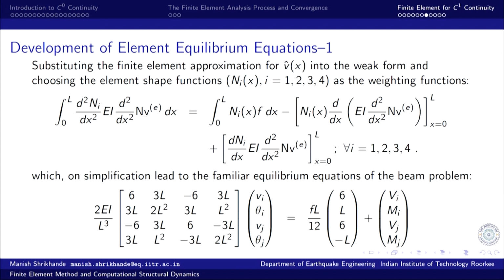This is 12 E I by L cube, 6 E I by L square terms, and this is minus 12 E I by L cube, and this is 6 E I by L square again. So, these are standard stiffness coefficients for the rigid moment transfer connections, and this is of course the integral of this for different choices.